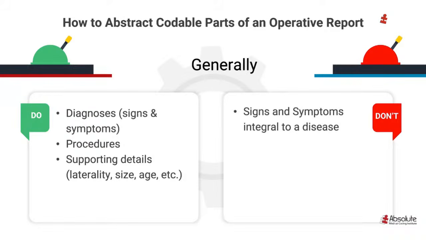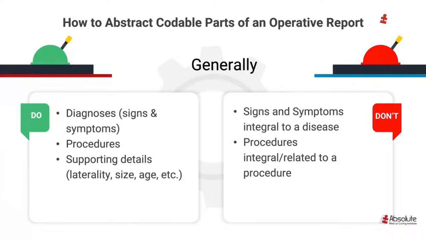You don't code signs and symptoms integral to a disease. You do not code procedures integral or related to a procedure. And you might say, what are you talking about, Mrs. J? Well, if a person arrives for a hysterectomy, then it's not necessary to code excision of uterus.